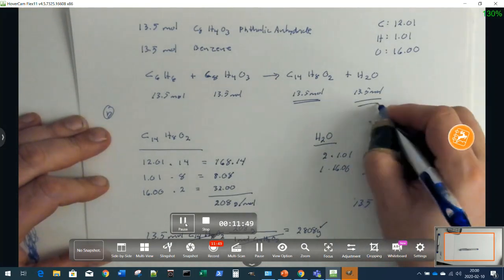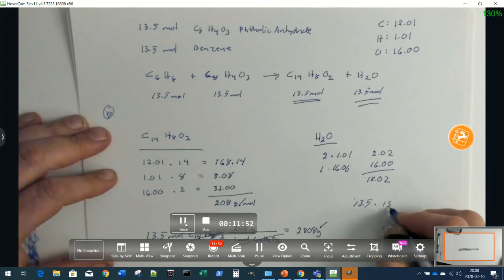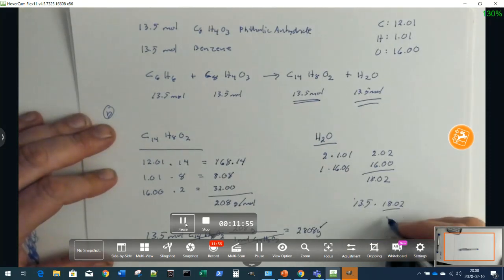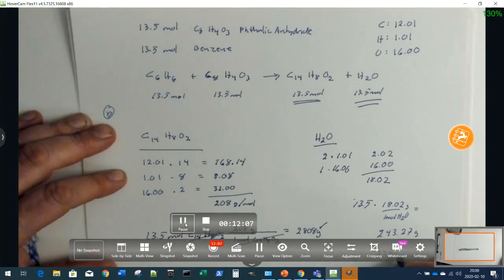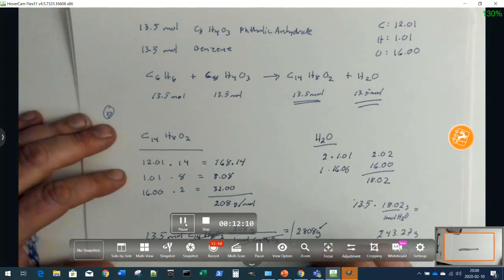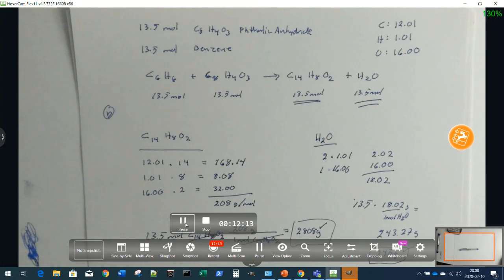If we take that value and multiply it, 13.5 moles from here times 18.02 grams over 1 mole of H2O equals 243.27 grams, or just 243 grams as our product. So there are our two theoretical yields for the two products of this chemical reaction if we start with 2,000 grams of phthalic anhydride from the beginning and we react it with enough benzene.